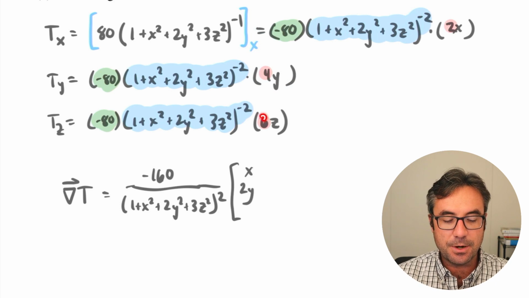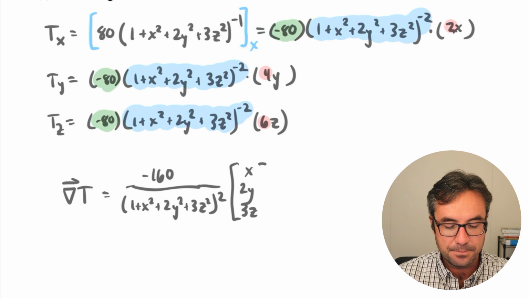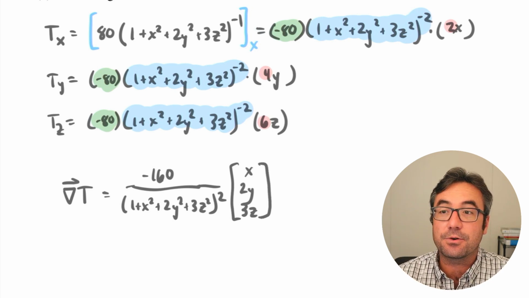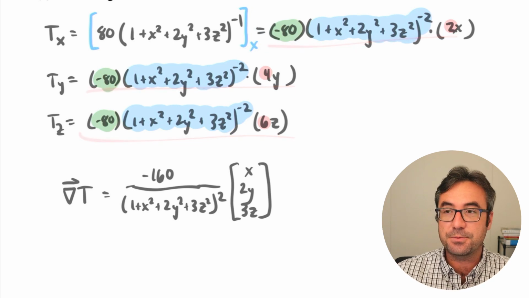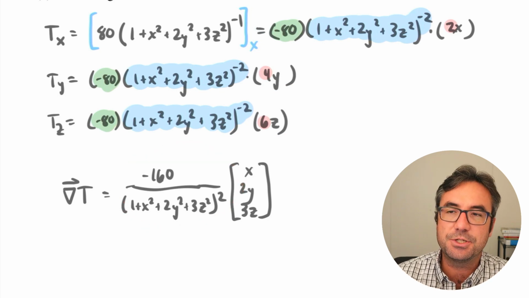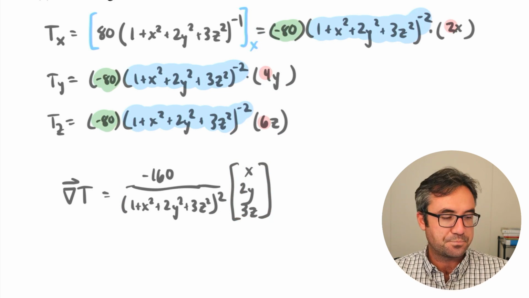And then from our z partial, there's still a 3 here, so we'll have 3 times z. It's not necessary to factor all this out. We could have just written a vector with these 3 components, but it's helpful to factor out as much as you can so we can see the important vector part here.